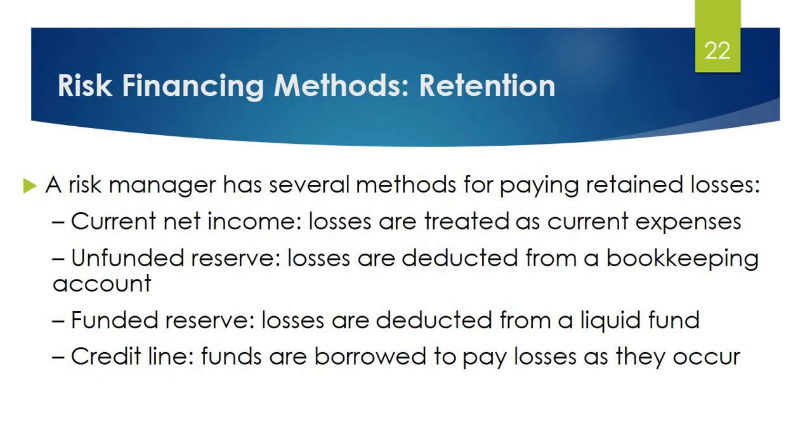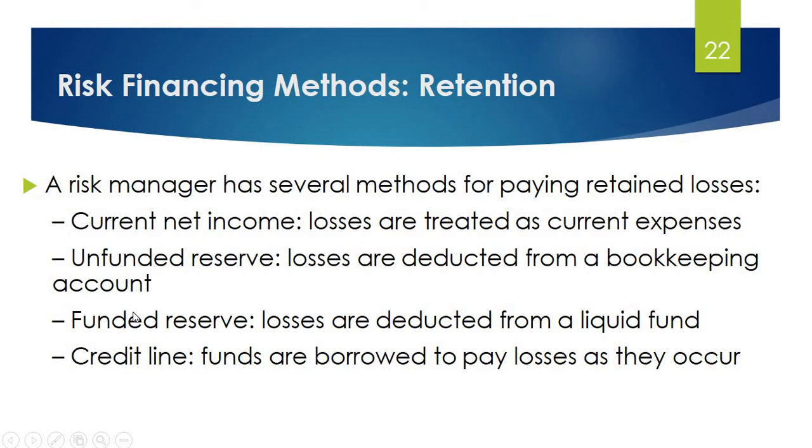There are several methods for retaining losses. First of all, a firm can pay losses from its current income, and these losses will be treated as current expenses. Then losses can be deducted from unfunded reserves, that means from the bookkeeping account.